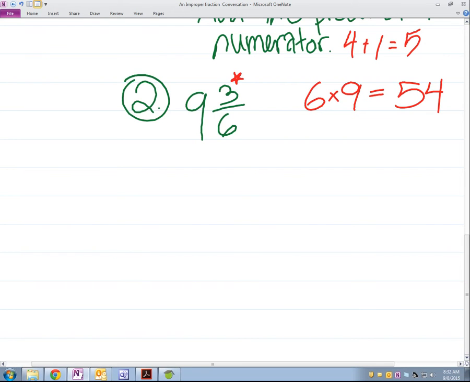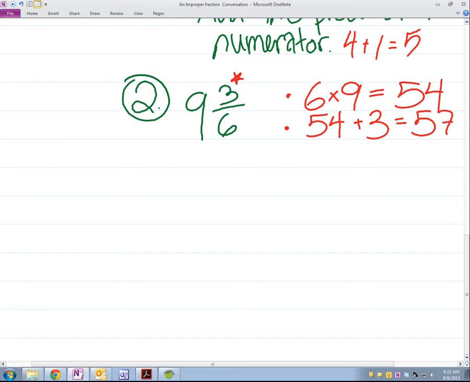And a dropped math book. Yes? Can you tell me what the next step is instead? Good. So we have to take that product and add the numerator, which is 3. So now we have 57.